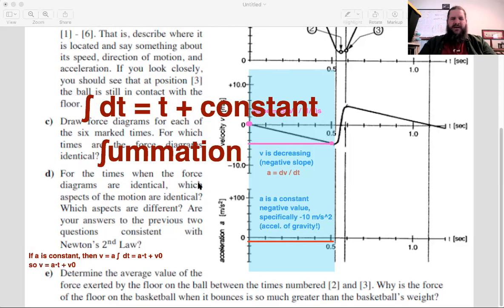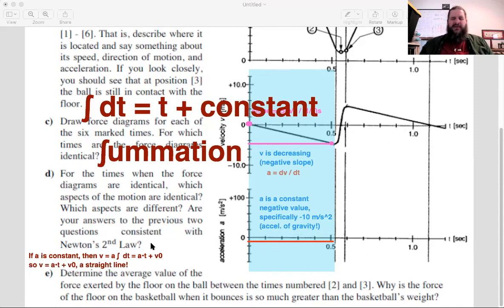Yeah, that'll be a straight line with this constant a as the slope and this constant v naught as the intercept. So the velocity will be a straight line. In general, anytime the acceleration is constant, that tells you the velocity is going to be a linear function.